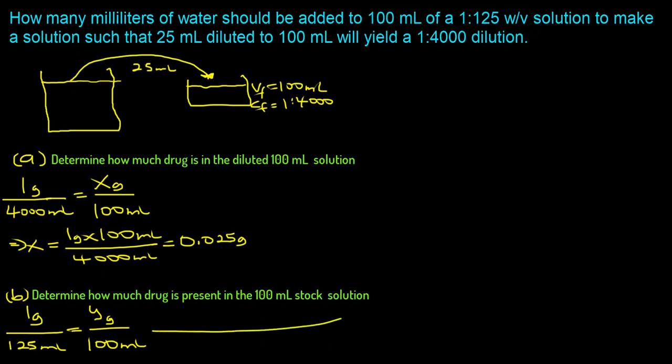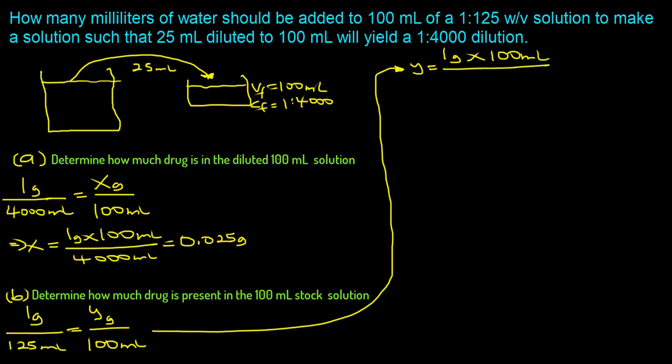So we can go ahead and solve for our unknown, which is y, and y is going to be equal to 1 gram times 100 milliliters divided by 125 milliliters, and that is equal to 0.8 grams.